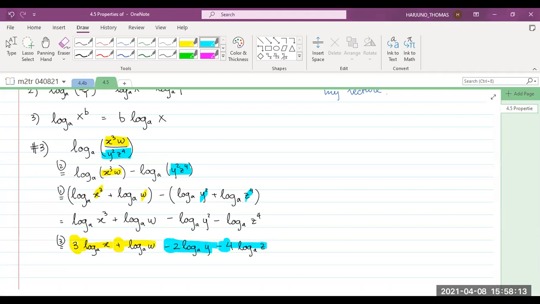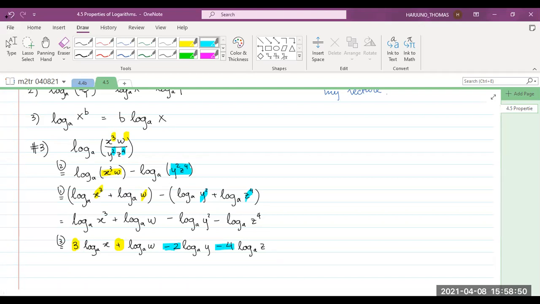In fact, the coefficient of that log is equal to the exponent. W to the 1, so that's positive 1, right? Y squared on the denominator, then the coefficient is negative 2 for that log base A of y. And c to the fourth is on the denominator, so it is negative 4 for that log base A of c.